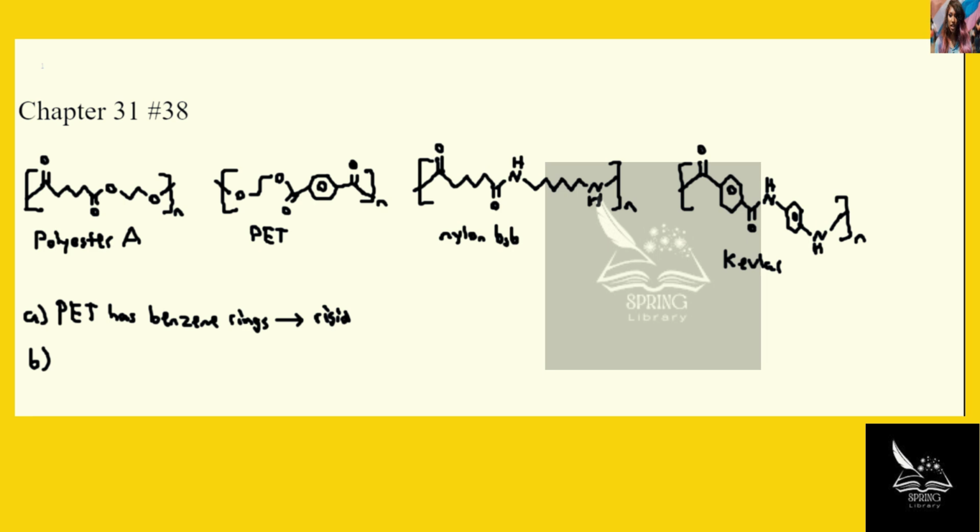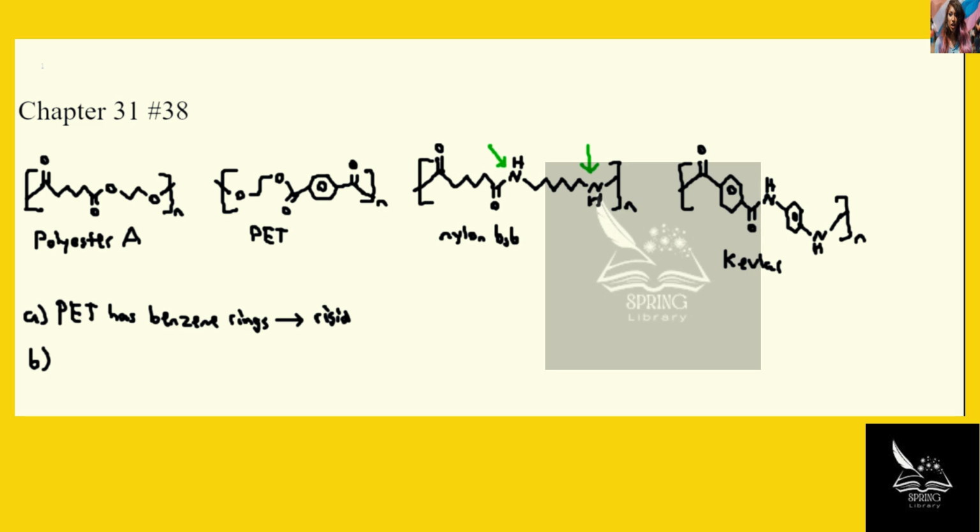But what we can say is that nylon 6,6 has nitrogens with hydrogens attached. I'm going to go ahead and point them out. Nylon 6,6 has these, and as you can see, polyester A does not.